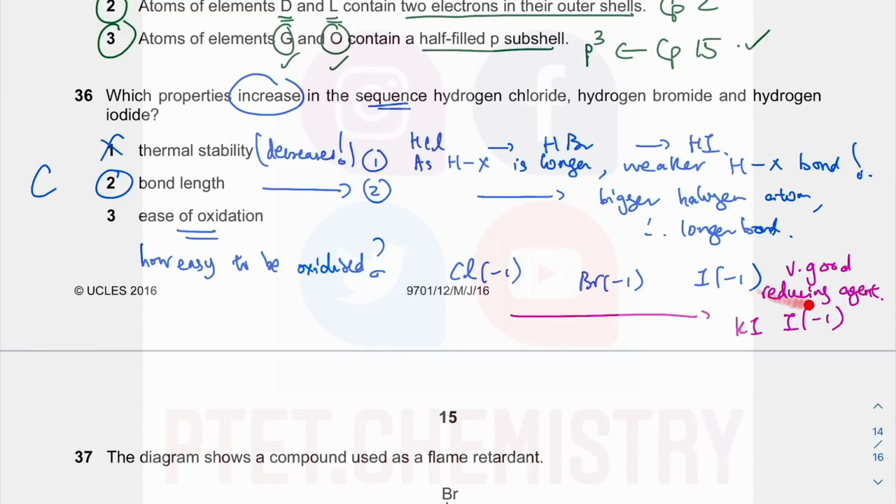As a halide, I minus 1 likes to be oxidized. How easy to be oxidized? Very easy, because it's a very good reducing agent. So that's why C is also correct, covering 2 and 3.